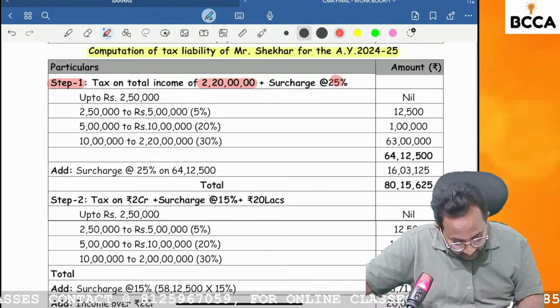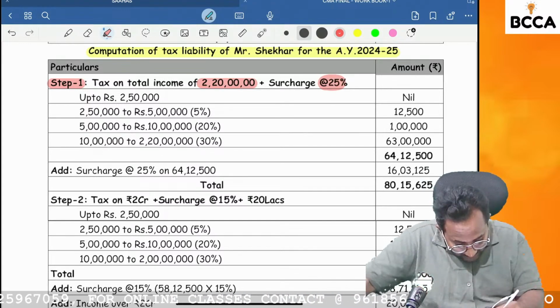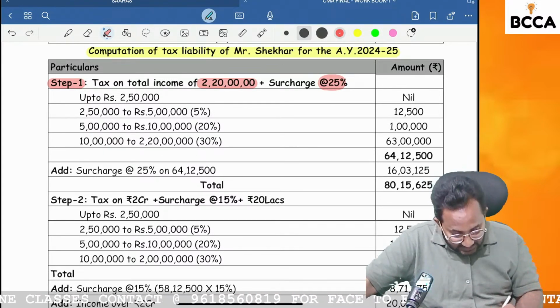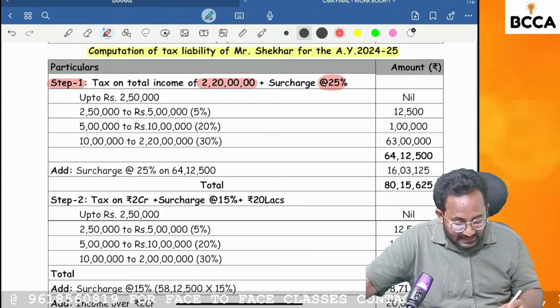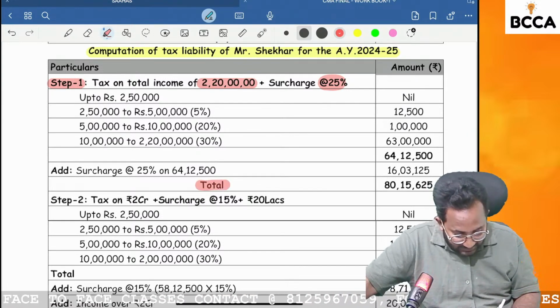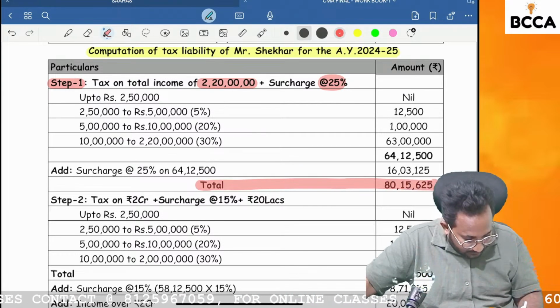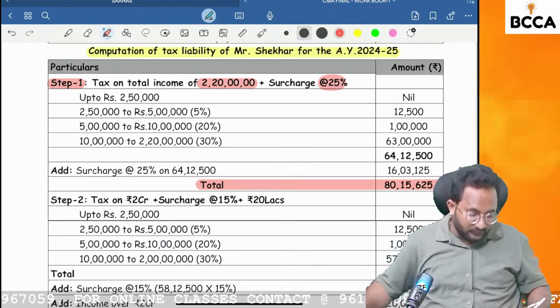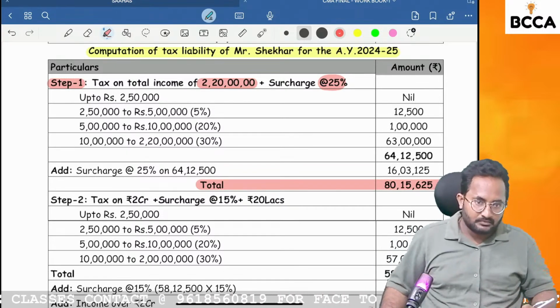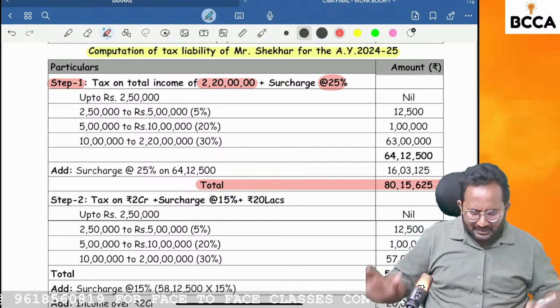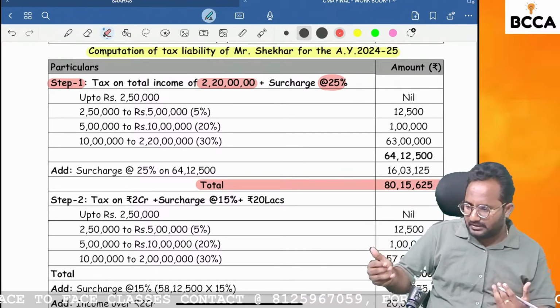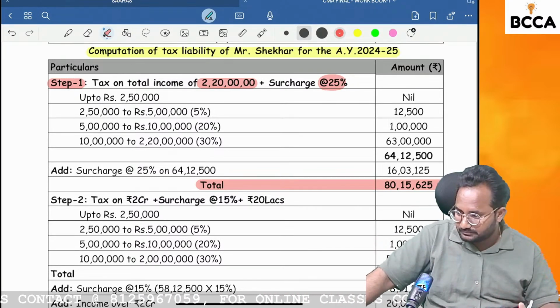Above 2, 25%. After calculating the tax liability including surcharge on total income, how much amount do you have as the step 1 answer? 80 lakh 15,625. Okay, now. So I think you know how to calculate the tax liability, all the things also.